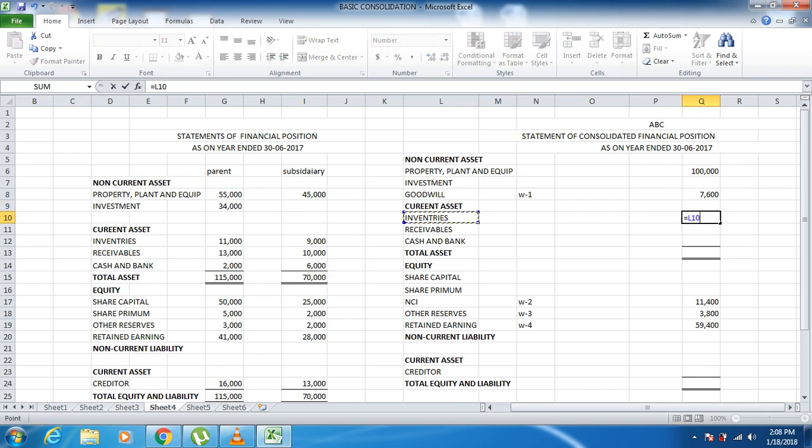Inventories of both companies and receivables of both companies. Cash and bank, and then we will calculate the total amount of assets.